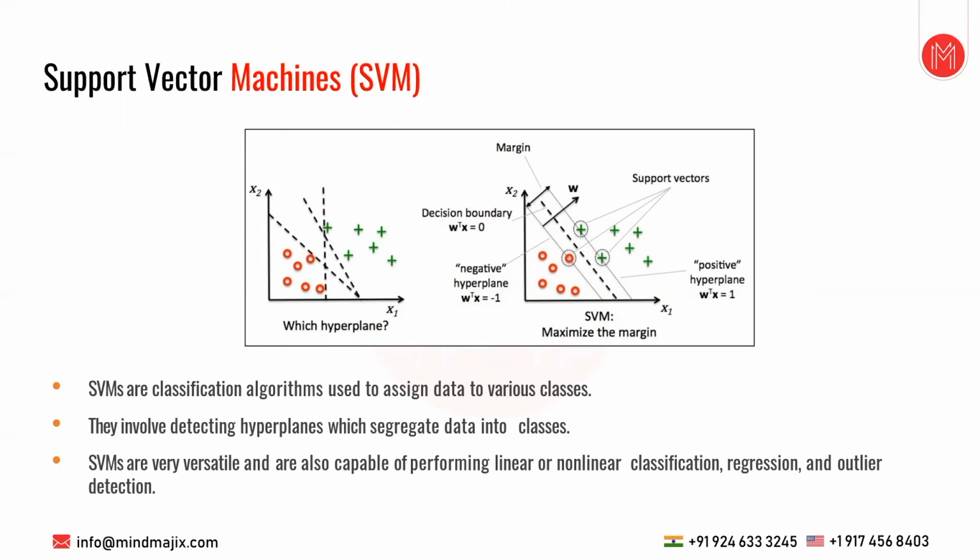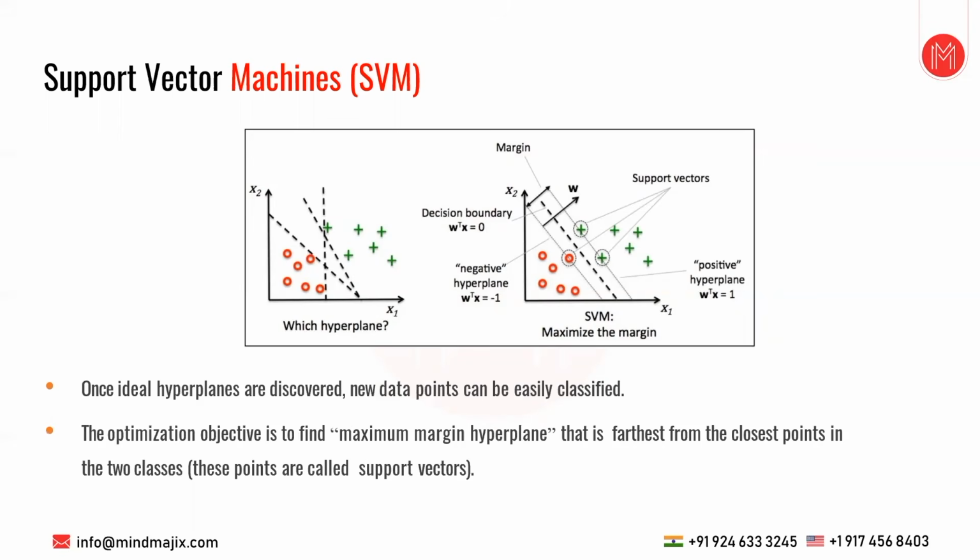Let's take a look at how support vector machine works. The support vector machine classification algorithm is used to assign data to various classes, and it involves detecting hyperplanes which segregate data into the classes. Support vector machines are very versatile and capable of performing linear and nonlinear classification, regression, and outlier detection, as we already discussed.